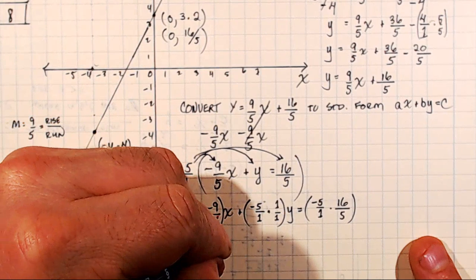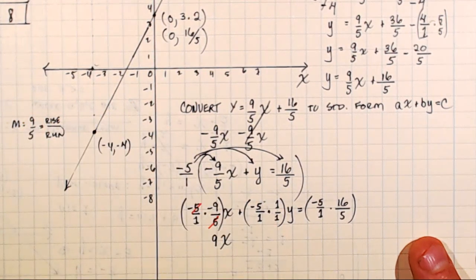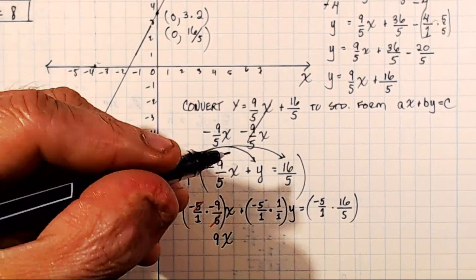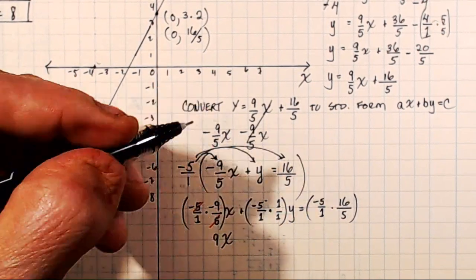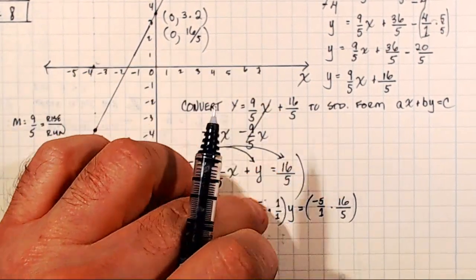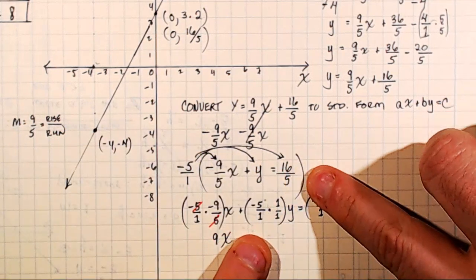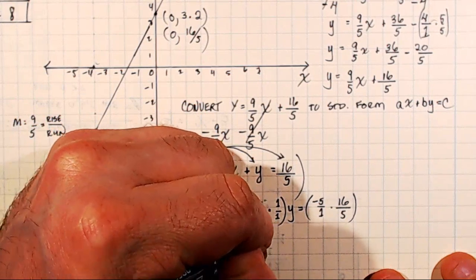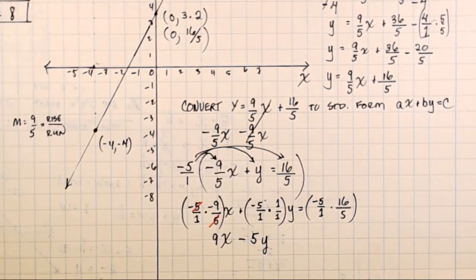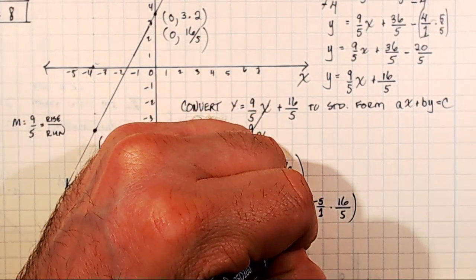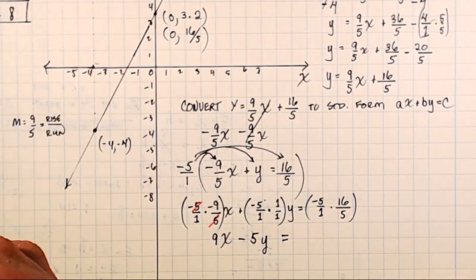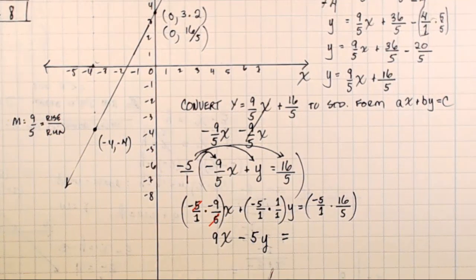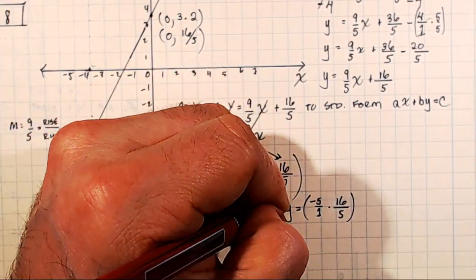So I have 9x here plus, or well, maybe not plus. Let's just do it. I have negative 5. These 1's are canceling out, so I just have negative 5 over 1, or negative 5y. Okay, equals, now this is where we're going to have to do a little bit of thinking. Do you see that these 5's cancel?